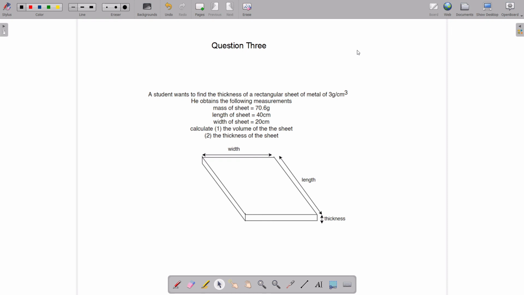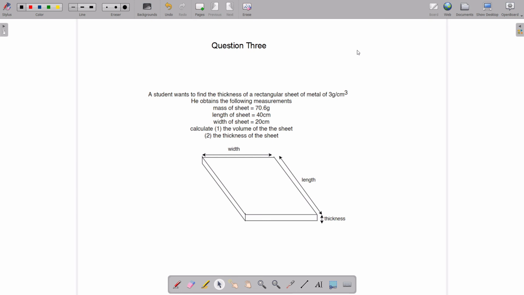So again, we are going to use the same approach to arrive at the answer. It's very important that each time you are given a question, you write down the parameters that you have. Then you work towards the missing parameter or what the question is asking of you. We know the mass of the sheet to be 70.6 grams, and the density is 3 grams per cm cube.